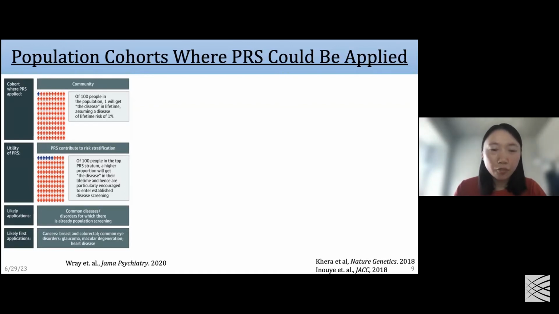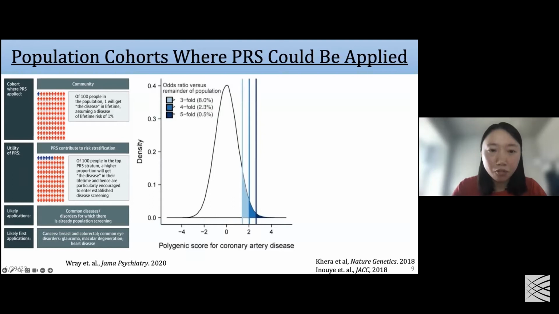It is inspired by a study performed by Dr. Khera et al. in 2018. In this study, they constructed a PRS for coronary artery disease, and found they could identify 8% of the population at a threefold increased risk for coronary artery disease.